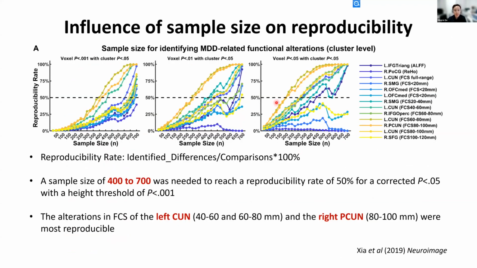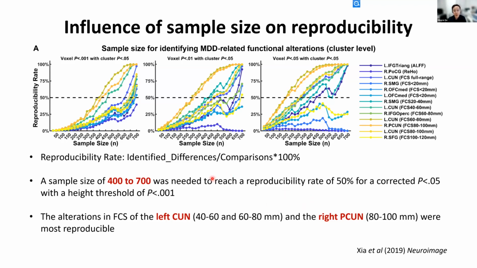Lastly, we estimated the influence of sample size on identifying depression-related functional brain alterations. So we designed a sampling simulation analysis. That is, we randomly selected participants from each group of the dataset and examined the between-group differences.